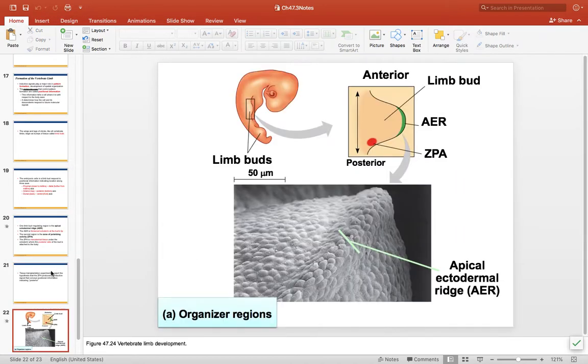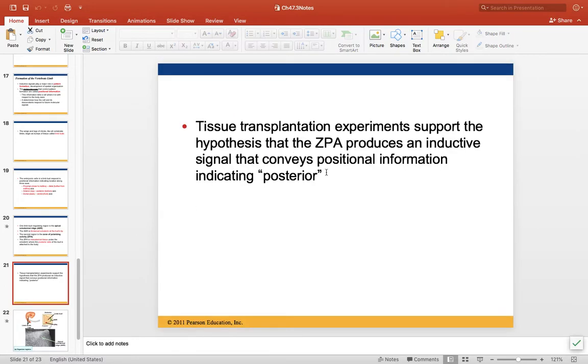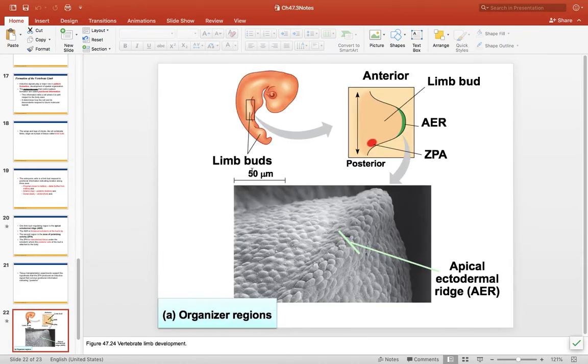Tissue transplantation experiments support the hypothesis that the ZPA produces an inductive signal that conveys positional information indicating where posterior is in that three-dimensional space. As the limb bud develops, it grows outward away from the posterior side of that organism, so that it becomes an actual limb, and it doesn't start to grow inward instead.